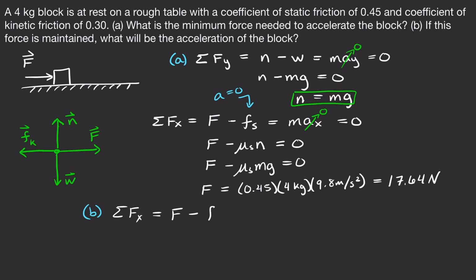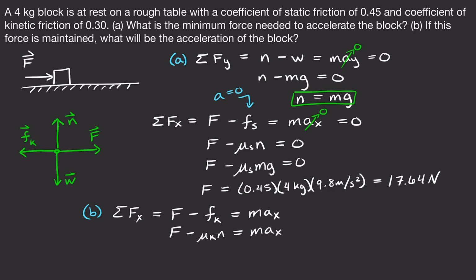So I get minus Fk, still to the left or in the opposite direction that the box is moving. And now my acceleration is no longer 0 because now it's moving due to this force. Okay? So again, I'm going to substitute mu k times the normal force for my friction force.